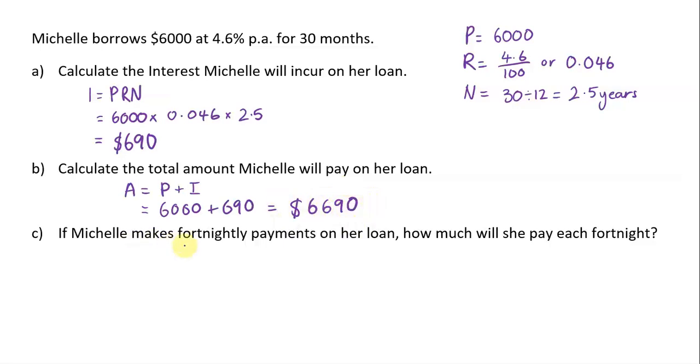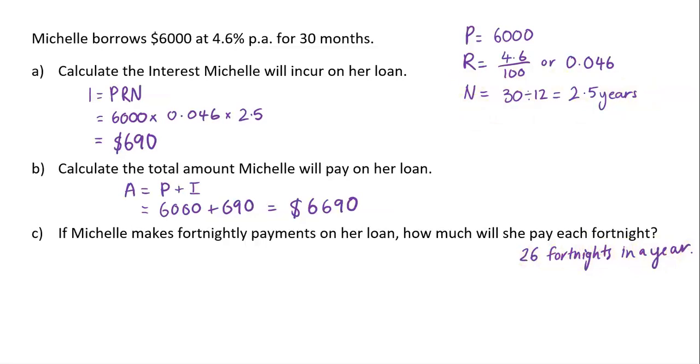Next, if Michelle makes fortnightly payments on her loan, how much will she pay each fortnight? Well, there are 26 fortnights in a year, which if you forget, you can look up. And we know that she's paying off this loan for 2.5 years.